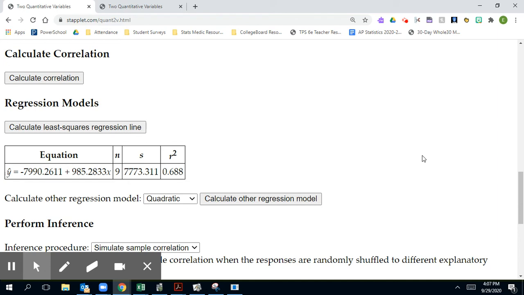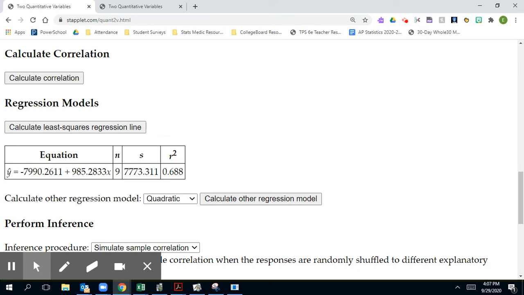I'm just going to write this down for us. 985.2833x. So that's not actually useful to us at all because that was not the correct model.